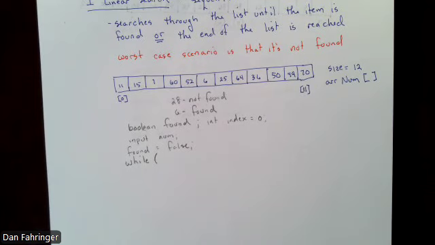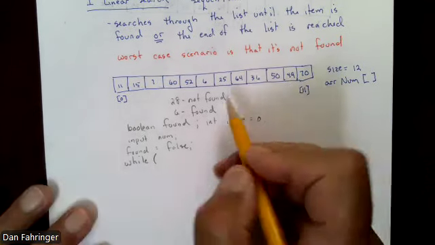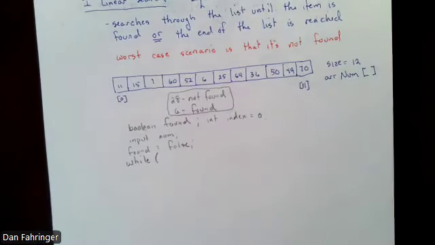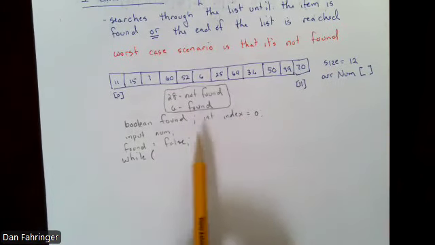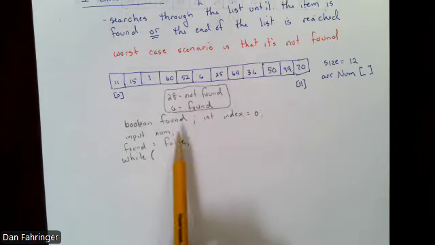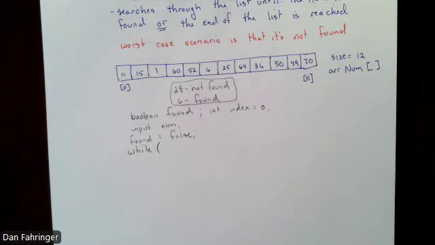My pseudocode's going to look a lot like real code, except there's all kinds of fluff all around it. So I have 2 cases: I find it or don't. And I have Boolean found and index. I get the number, and the found I set is false. What goes in the while?